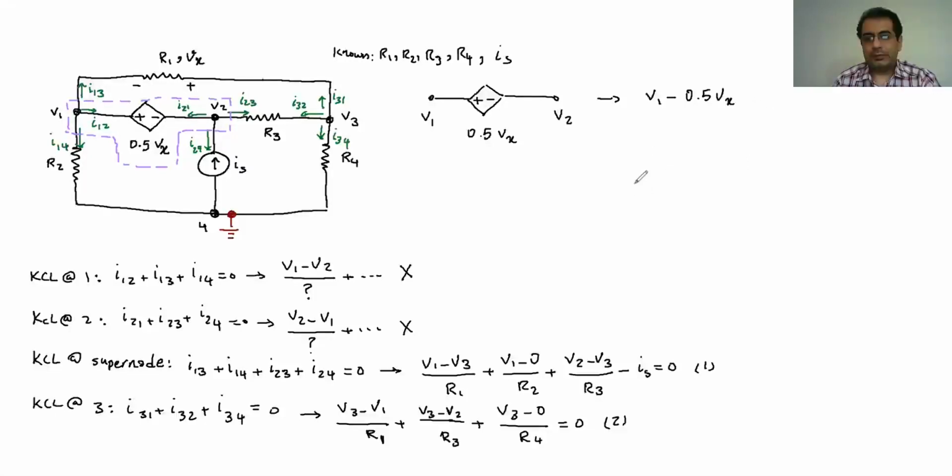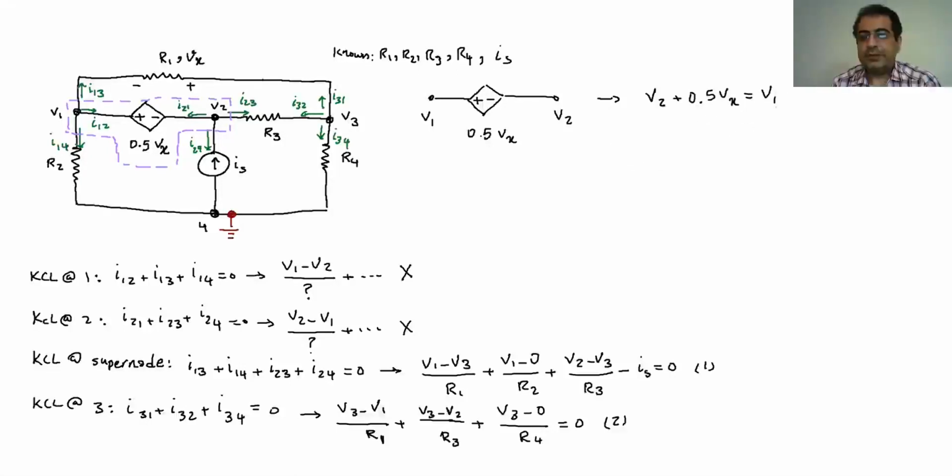Let's write it the other way, so maybe it's easier for you to remember. It's always like that, where it goes from the negative to positive, it adds to whatever you have. So I have the V2, then it goes from negative to positive, it's going to be plus 0.5 Vx, it's going to be V1. So this is the same equation I wrote. I just write it as V1 minus that. So this is one equation.